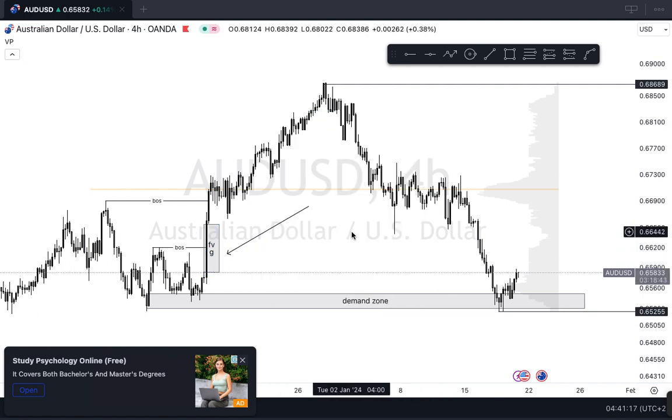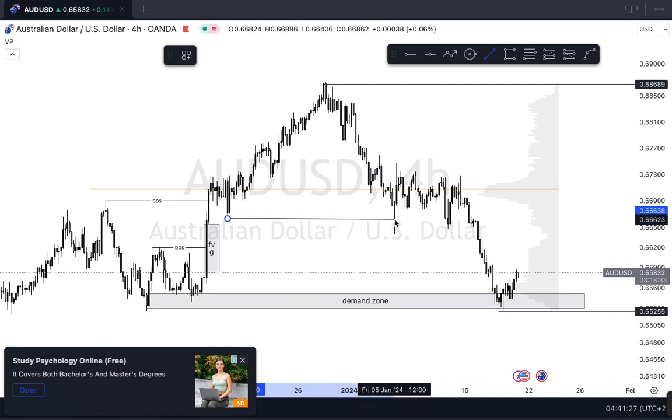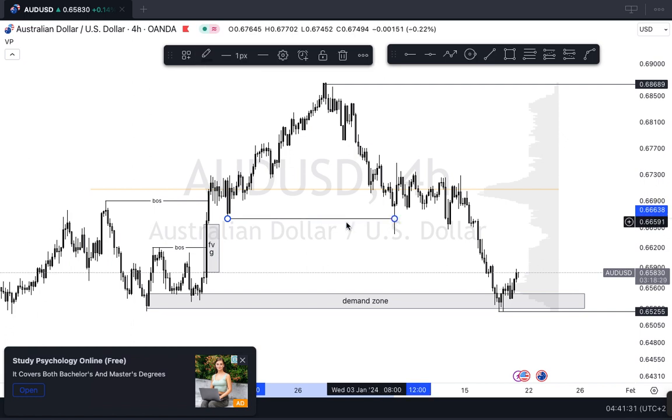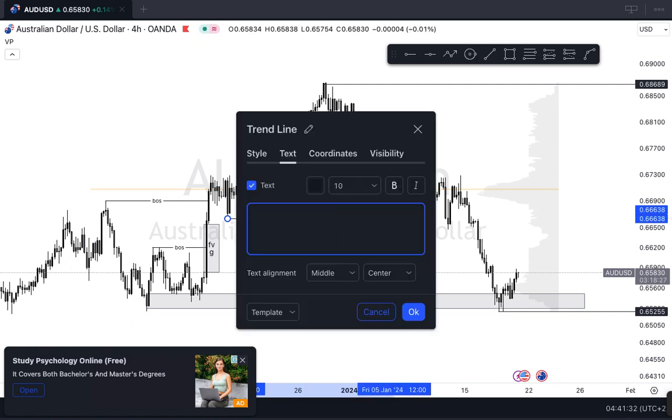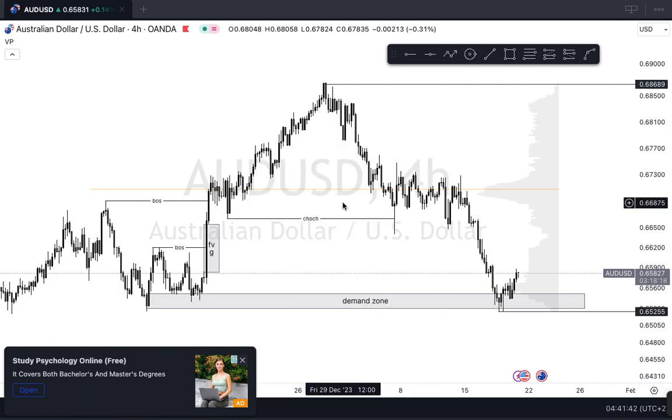And then let me just remove this. You can see that we also had our break of structure here, or some of you can call it an overall change of character. You can also use it as a change of character, you can just write CHoCH.